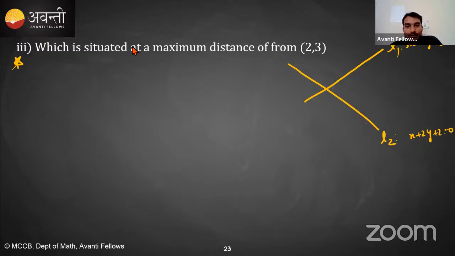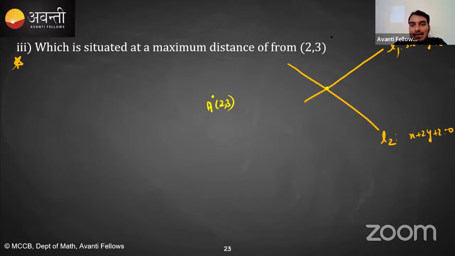See, this is a very important question. It is quite interesting, and I'm going to tell you one concept, so please listen. Let's say this is your point of concurrency, and this is the point P, say 2, 3. Our required line should be at the maximum distance from the point 2, 3.